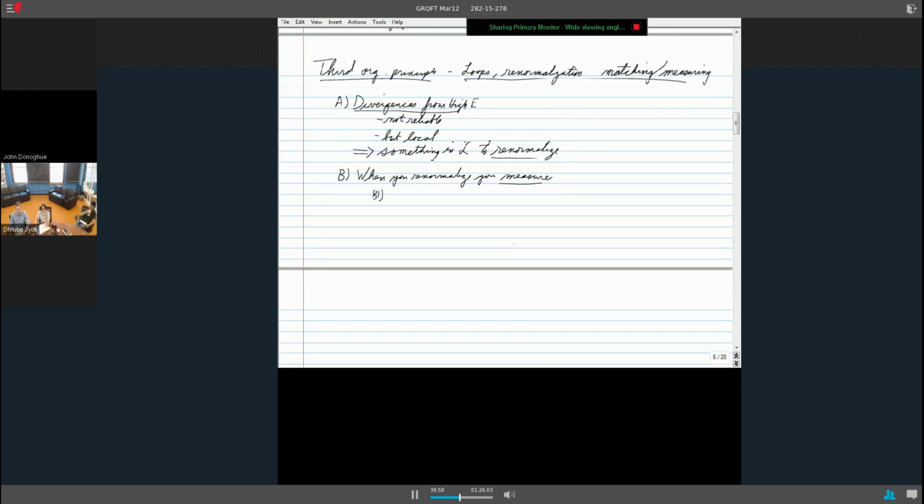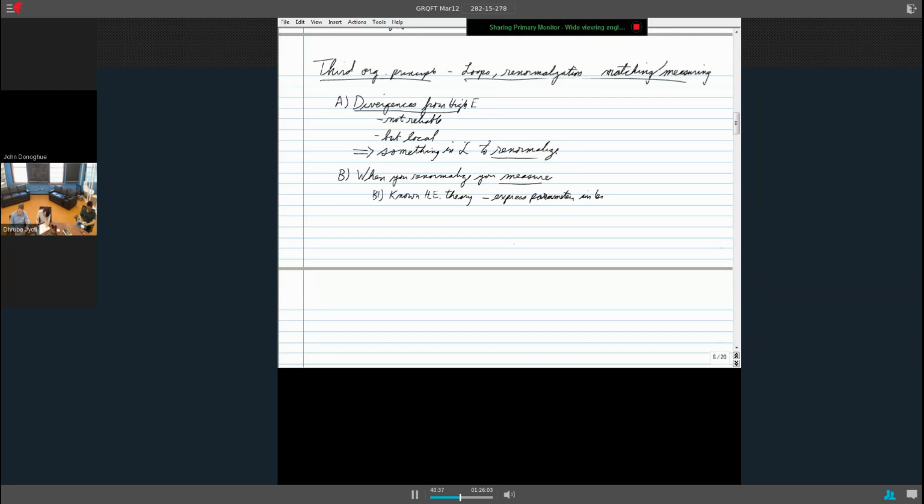Okay, so one will go ahead and do such a step. Technically, you put the infinity inside the parameter. The second step here then is when you renormalize, you measure. And none of these parameters come given to you. So you get all your parameters in the end from experiment.